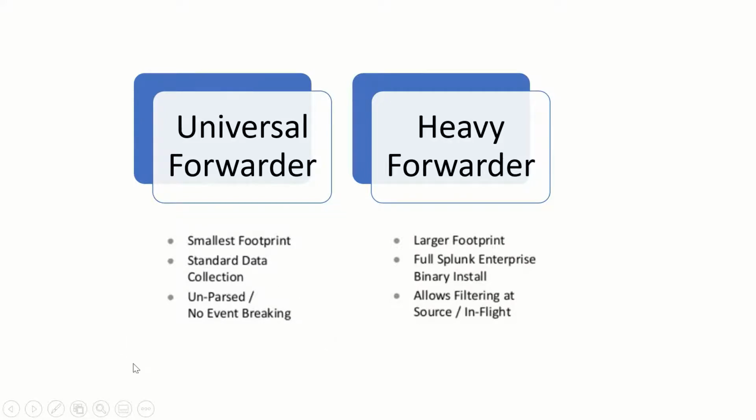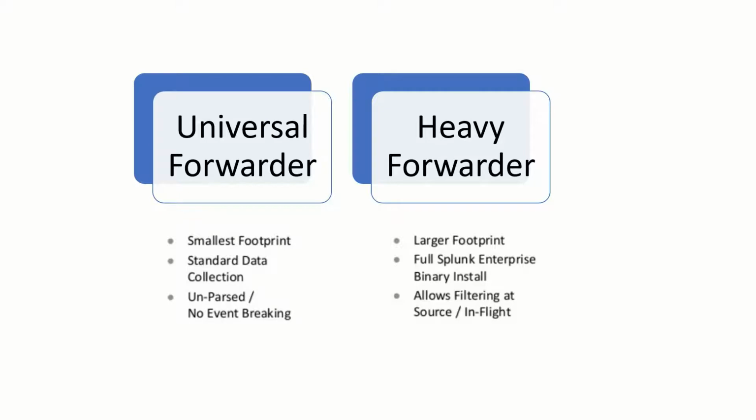The difference between heavy forwarder and universal forwarder is that the universal forwarder has the smallest footprint. That means it is a very lightweight component of Splunk which can be installed on any host or environment to collect the data. It has a standard data collection, which means we cannot tweak the data.